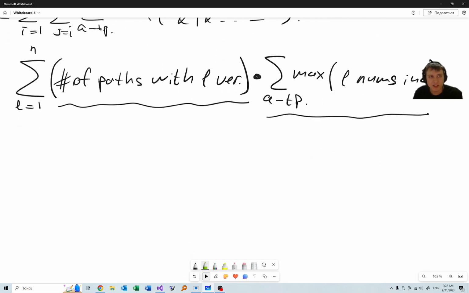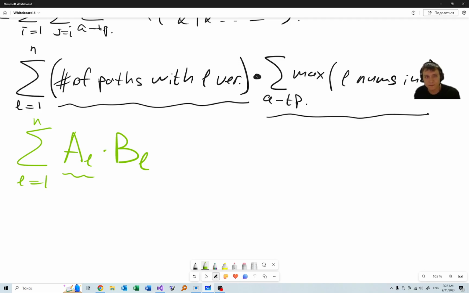What I mean is just the problem is now two different parts. So you can just multiply A_L times B_L. A_L is the number of paths with L vertices, and B_L is this maximum. So let's solve these two problems independently.